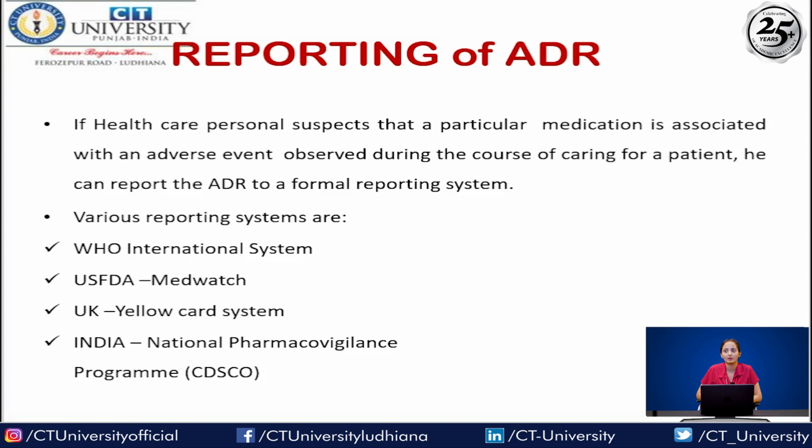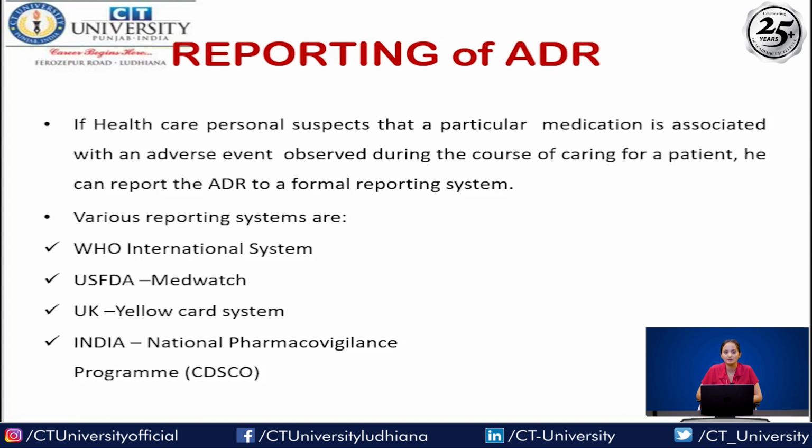After knowing about adverse drug reactions, how can you report an ADR? If a healthcare person suspects that a particular medication is associated with an adverse event observed during the course of the clinical trial phases, he can report the adverse drug reaction in a formal reporting way.